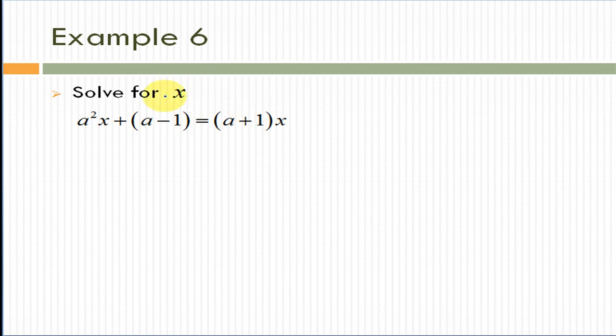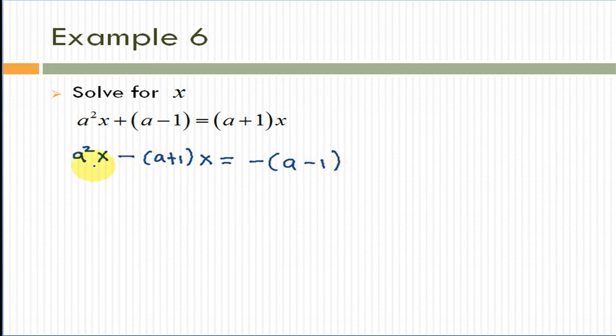So move this here. We have a squared x minus a plus 1 x. Now we don't want this a minus 1 on the left hand side, so we move this guy to the right hand side. Negative a minus 1.